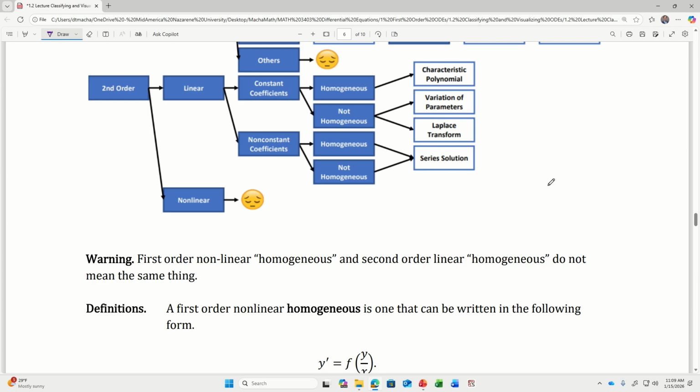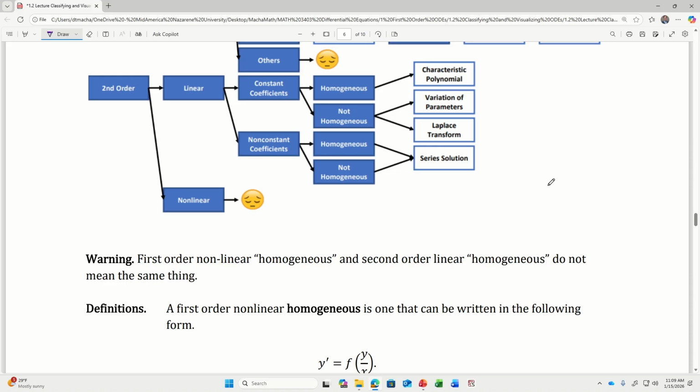For our second test in this class, we're going to take a look at second order ODEs that are linear and have constant coefficients, and we are going to solve them using a characteristic polynomial and variation of parameters. Those are just strategies we're going to learn later on.